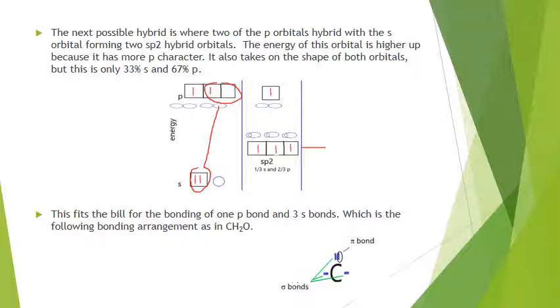In this case, these are going to form three sigma bonds, and then you're going to have a pi bond as well. So what connectivity arrangement for carbon has three sigma bonds and one pi bond? It's this arrangement down here.